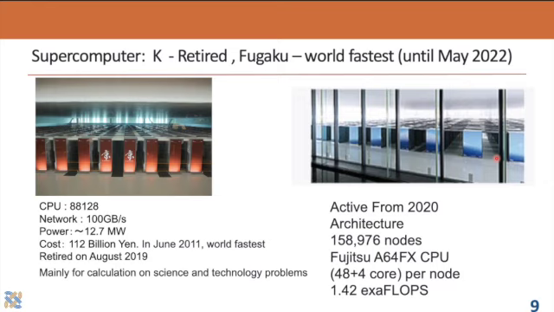Well, from the smartphone, now I want to shift to the supercomputer. I discussed the K computer that was retired, and then I discussed Fugaku in detail, and at that time it was the fastest supercomputer. Until May 2022 Fugaku was the world's fastest supercomputer.